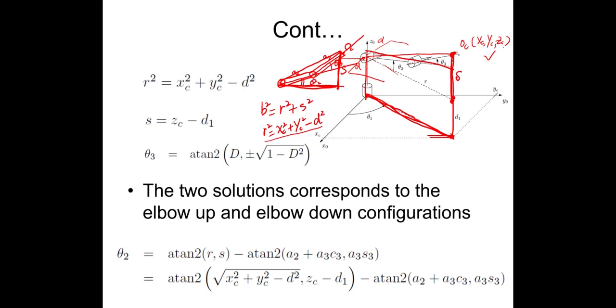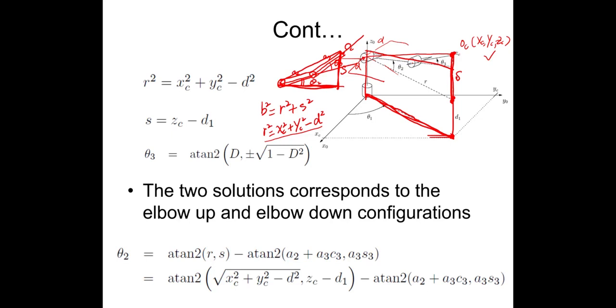And from the ground to the height of the second joint, the distance equals the length of the first link, which is D1. So S is pretty simple to calculate.